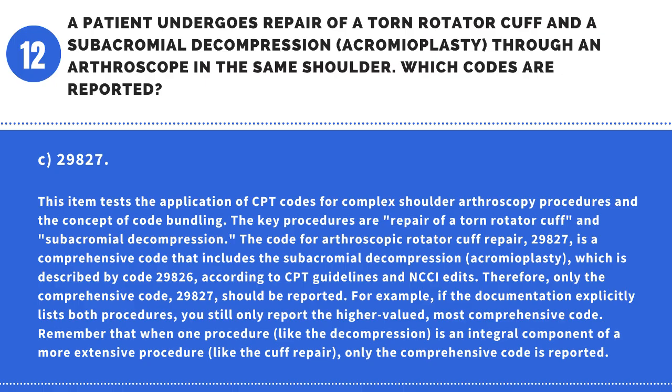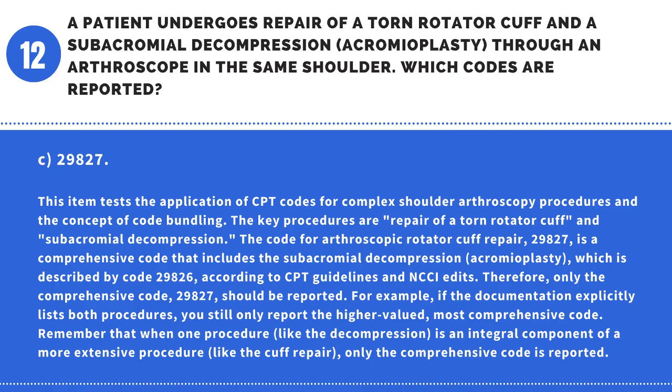of code bundling. The key procedures are repair of a torn rotator cuff and subacromial decompression. The code for arthroscopic rotator cuff repair, 29827, is a comprehensive code that includes the subacromial decompression, acromioplasty, which is described by code 29826, according to CPT guidelines and NCCI edits.